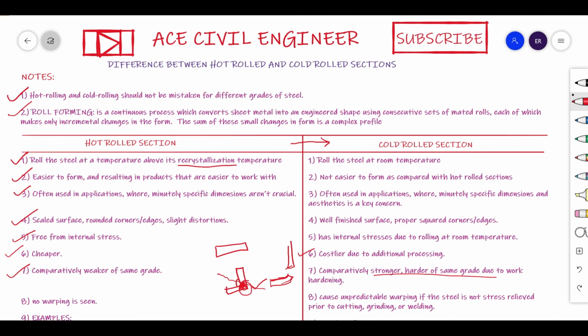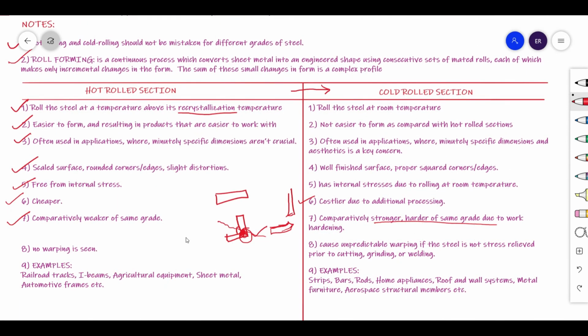And coming to some examples of these sections, for hot roll sections we see rail tracks, many standard sections, agricultural equipment, sheet metal, and automotive frames. These are all hot roll sections, because exact dimensioning and exact edge finishing are not that major a concern.